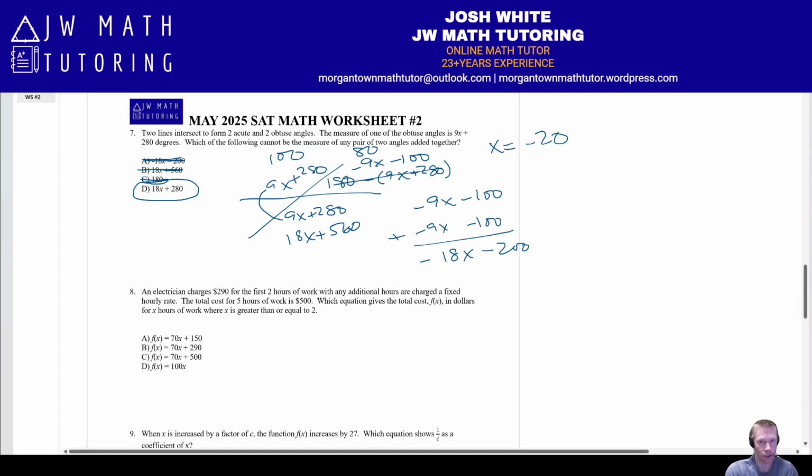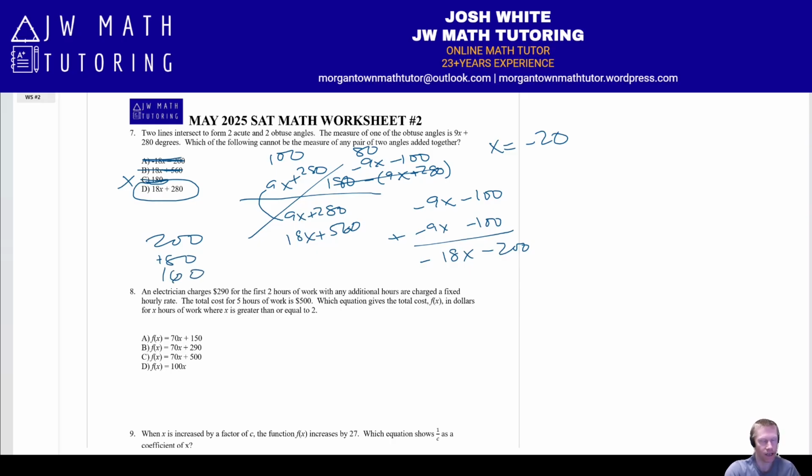If you want to work with actual numerical values, 100 plus 80 is 180. That's obviously out. 100 and 100 is 200. So we got 100, we got 200, we got 180, which we already confirmed. We have 80 and 80 is 160.